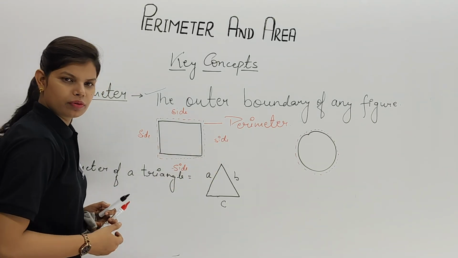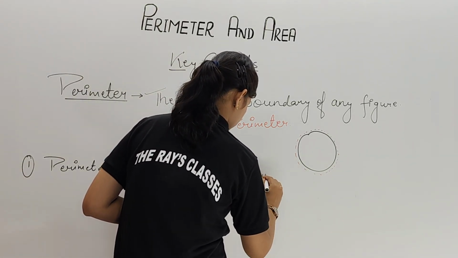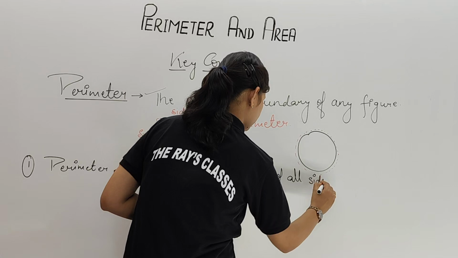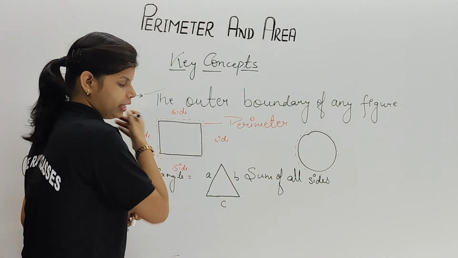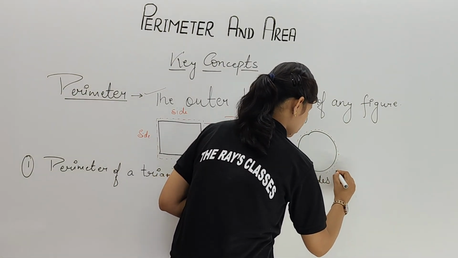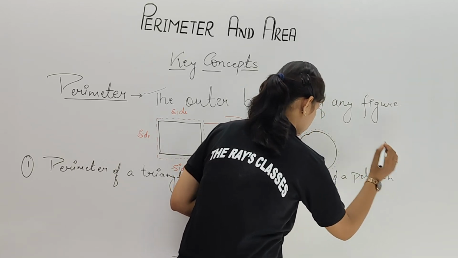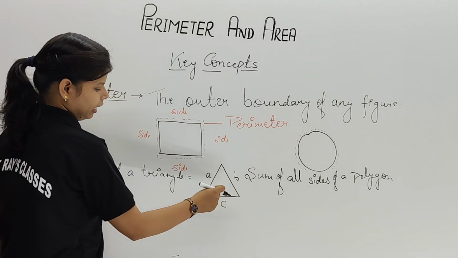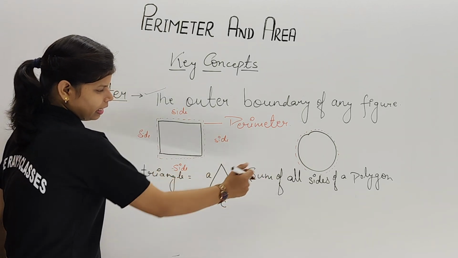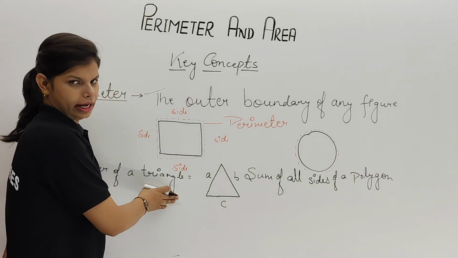So if you have to find the perimeter of this figure, what you are going to write? Sum of all sides of a polygon. Polygon means a closed figure. Closed figure means we can take anything like triangle, square, rectangle. So here we are writing sum of all sides of a polygon. Here the sides are A plus B plus C. Understood, no? So from here we find all the sides, and this is the formula for the perimeter of a triangle.